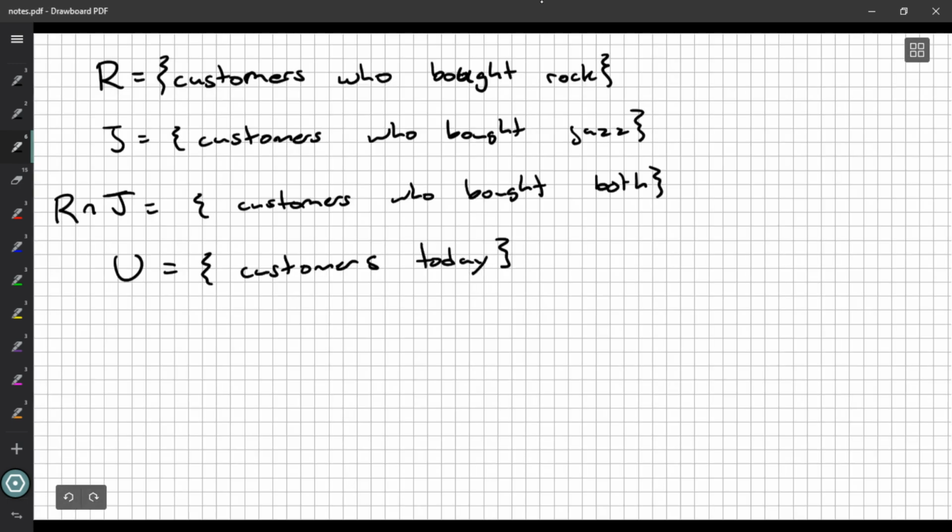So instead of thinking of this necessarily as a universal set, which some people do, we could instead realize, yes, it's the universe of things we're talking about. We're talking about customers who bought albums, so that is the universal set, but it's also the people who bought rock or jazz or both. So in addition to being a universal set, it's also a union.